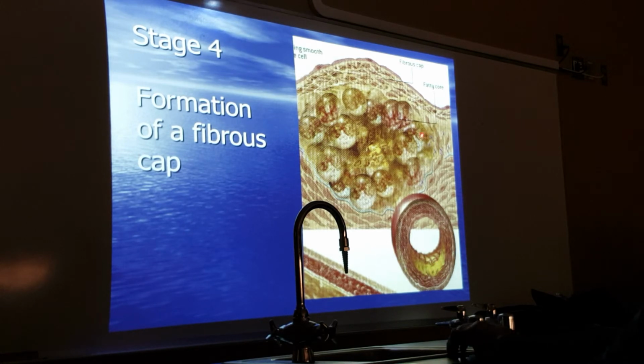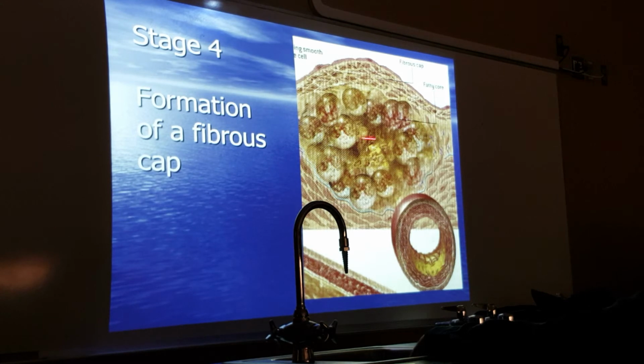Very often, when there's something foreign in the body, like a sliver, the body forms a fibrous cap over it, just to protect against it. This is what happens very often with the plaque: we get formation of a fibrous cap over the top of it.